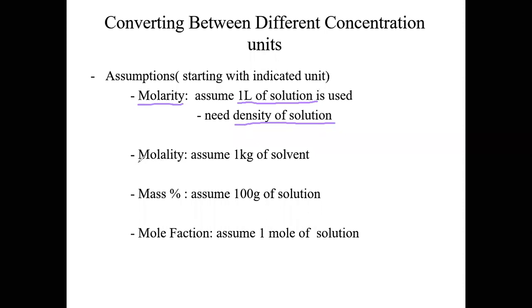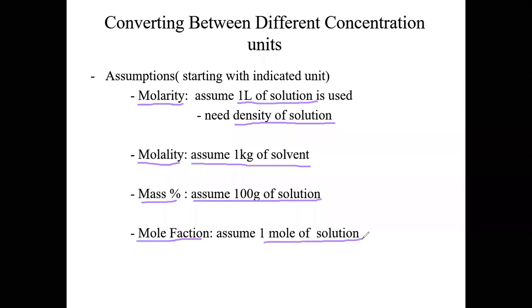If you're starting with molality, you assume 1 kilogram of solvent. So notice the difference. Molarity, we assume 1 liter of solution. Molality, we assume 1 kilogram of solvent. For mass percent, we assume 100 grams of solution. So again, the assumption is based off of what you're starting with in the problem. And then for mole fraction, you would assume 1 mole of solution.